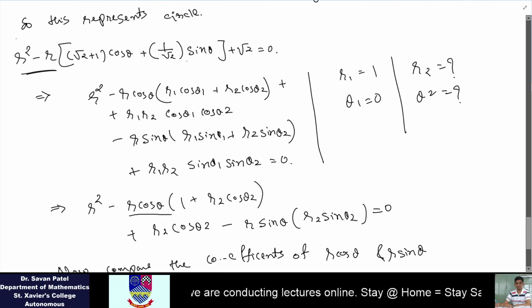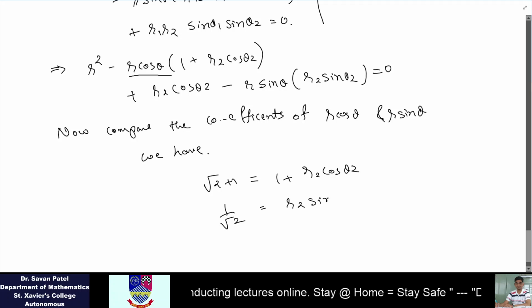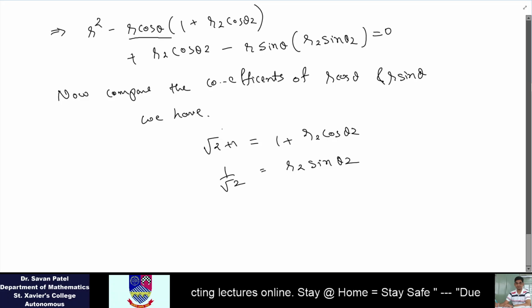And r sin theta's coefficient is 1 by root 2, so 1 by root 2 is r2 sin theta 2. From this, you cancel the 1s.